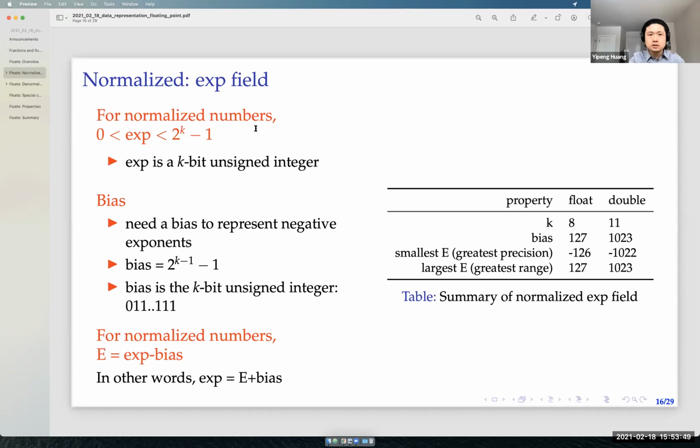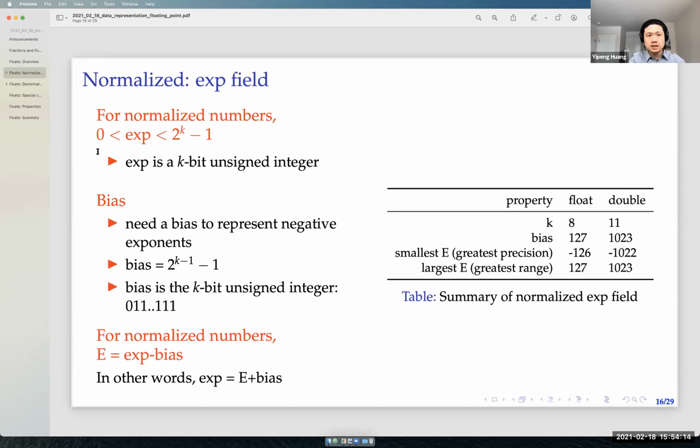So what does this mean? Just take as an example, for single precision floating point numbers, the EXP field has 8 bits in it. And so the EXP field can range from 1 inclusive up to 126 inclusive.